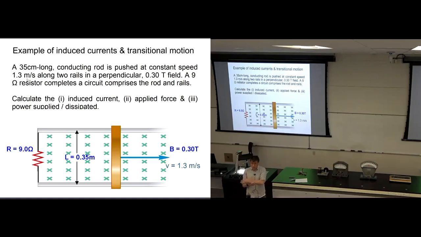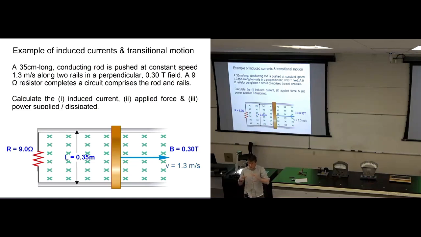Things will move at constant velocity if there's no net force acting on them. So at first sight, it might look like we don't need any force, but we're going to see that it's a little bit subtle and you do need to apply a force, and we're going to work that force out.